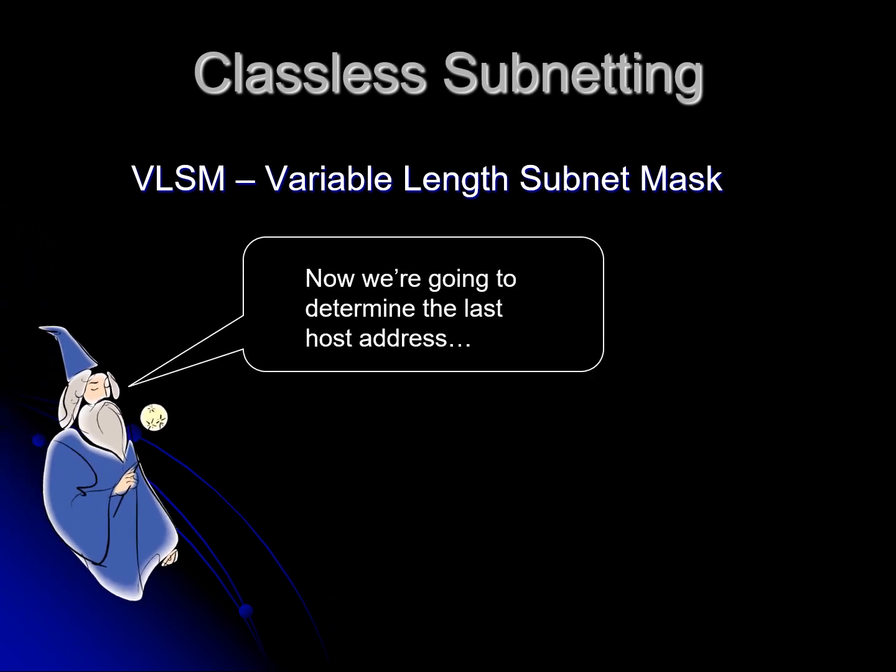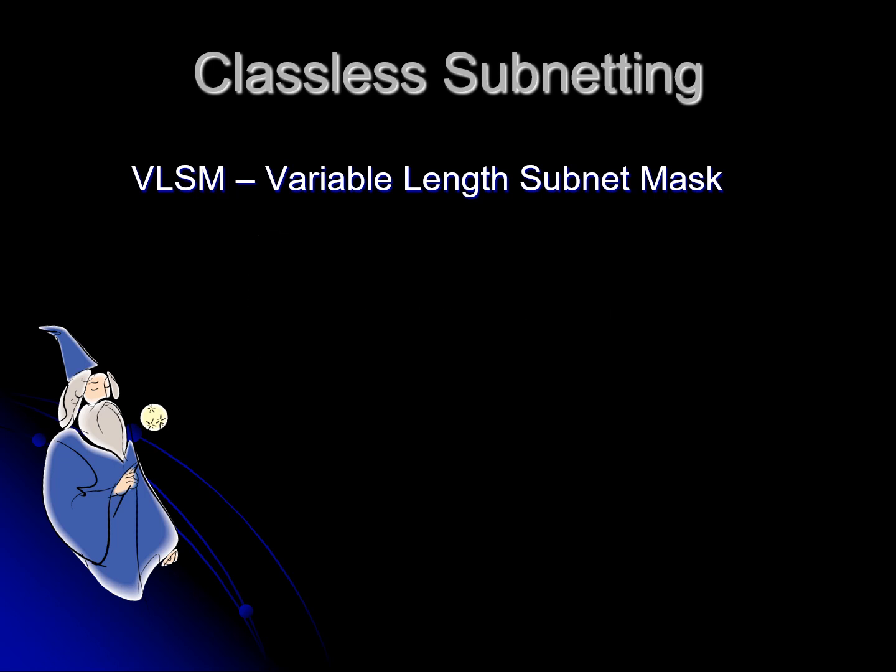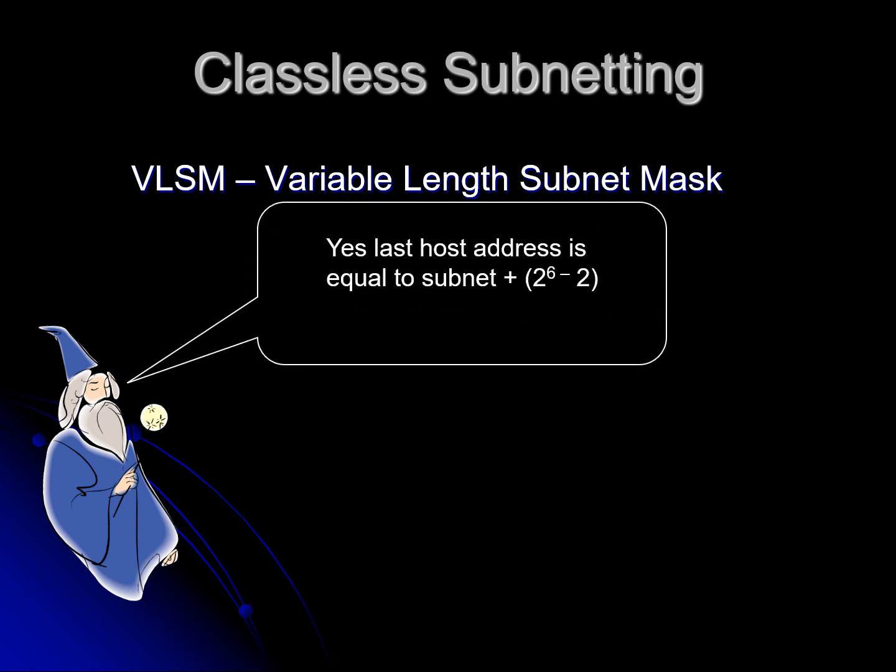Now that we've gotten our subnet mask, we know our first host IP address. Now we're going to determine the last host IP address. So as you've seen before, we are using 6 bits to represent this subnet. So the last host address will be 2 to the power of 6 minus 2. Remember, 2 of those IP addresses are not usable. They're all 0s and all 1s.